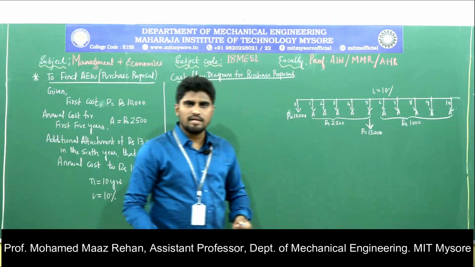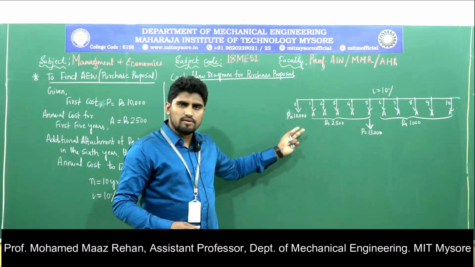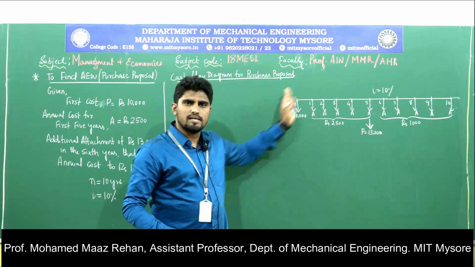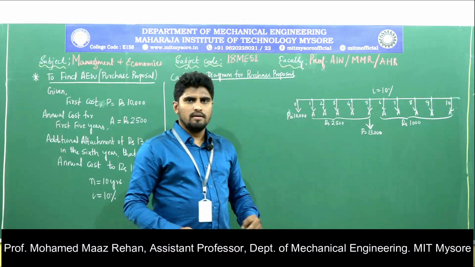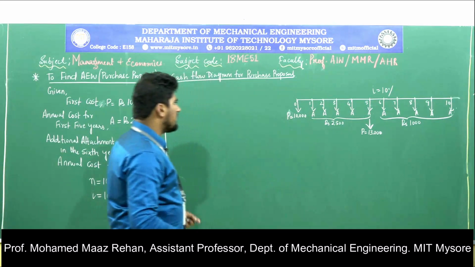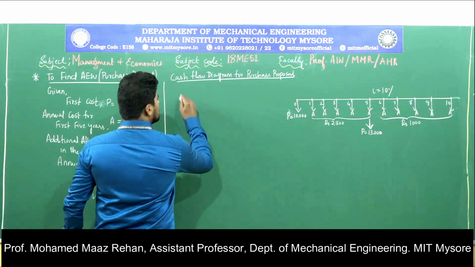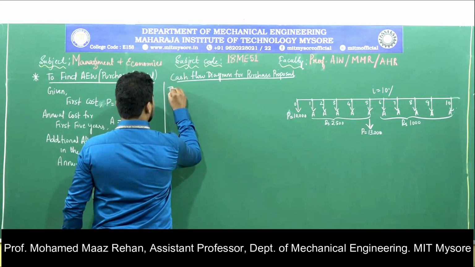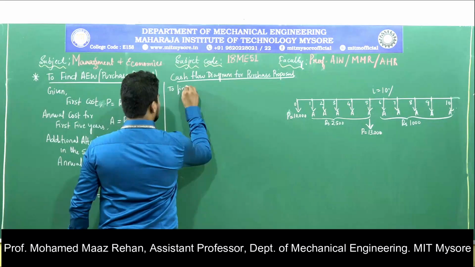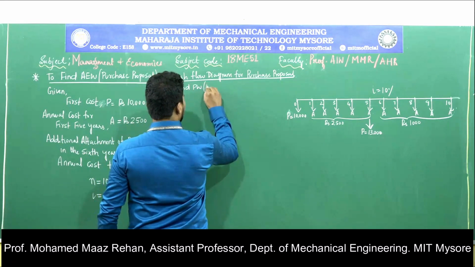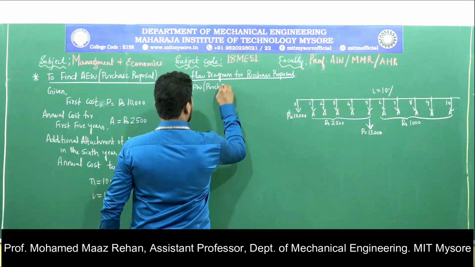First, we shall convert all the values to P, that is at time 0, then from P we shall convert to A. So how to convert all the entities to P? I'll write, to find the present worth of the purchase proposal.